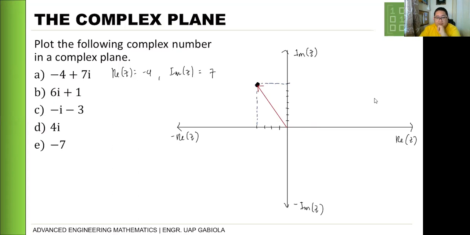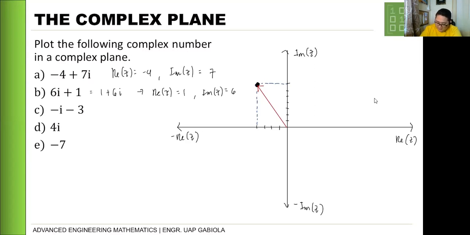Okay? Pag sa complex plane. Alright? So, next is 6i plus 1. So, what we can do is to change muna sa standard form para hindi tayo nalilito. Okay? Then we can identify now that our real will be equals to 1 and our imaginary will be equals sa 6, positive 6. Okay?